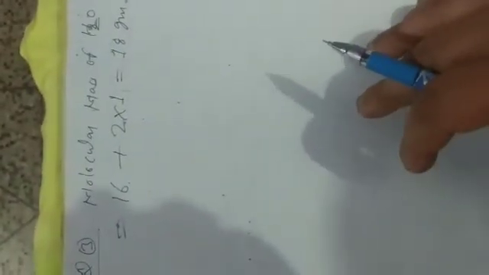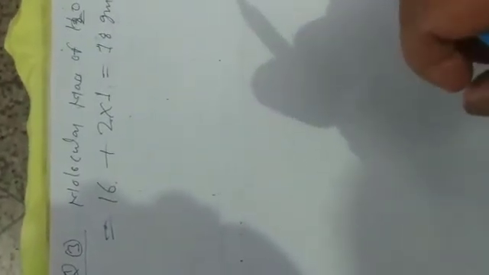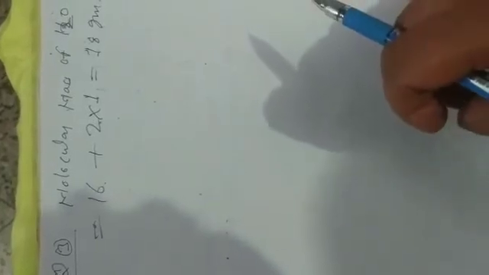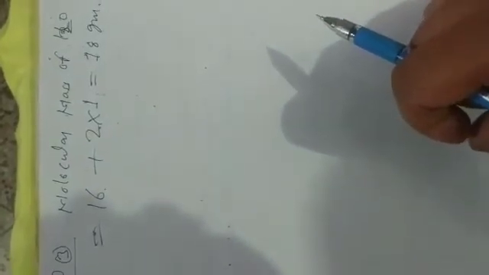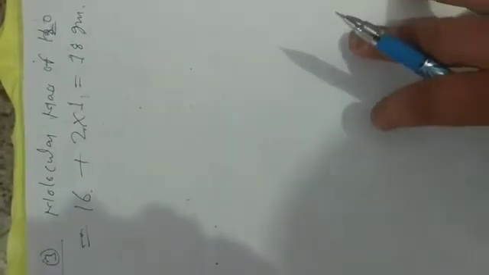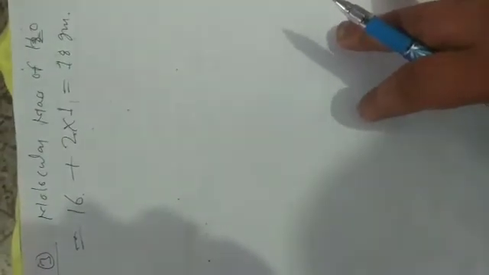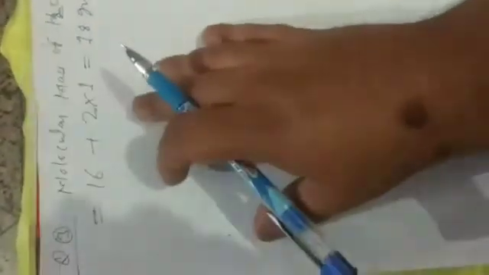In this case the mass of H2O is asked, so number of moles, which is given, is equal to given mass upon molar mass of H2O or molecular mass.